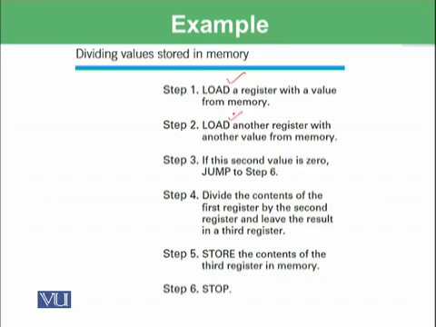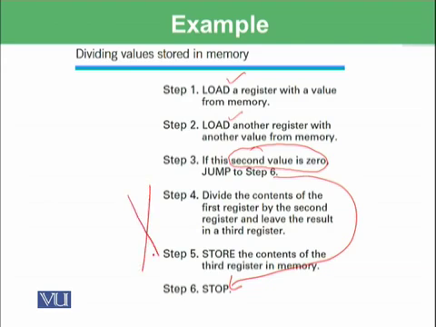Now if we want to divide one number by the second number, we need to check that second number. If it is 0, then we should go to step number 6, which is stop. This means that if the second value is 0, we do not need to perform step number 4 and step number 5. Such an instruction is known as a control instruction, or more specifically a jump instruction.